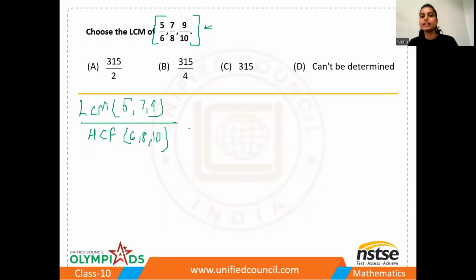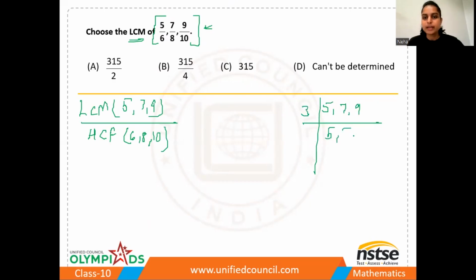And if we are finding the HCF of fractions, then we take the HCF of the numerators and the LCM of the denominators. Like if I am finding the LCM, I do the LCM of the numerators and the HCF of the denominators. Perfect. So the LCM of 5, 7 and 9 is what? The smallest prime is 3.